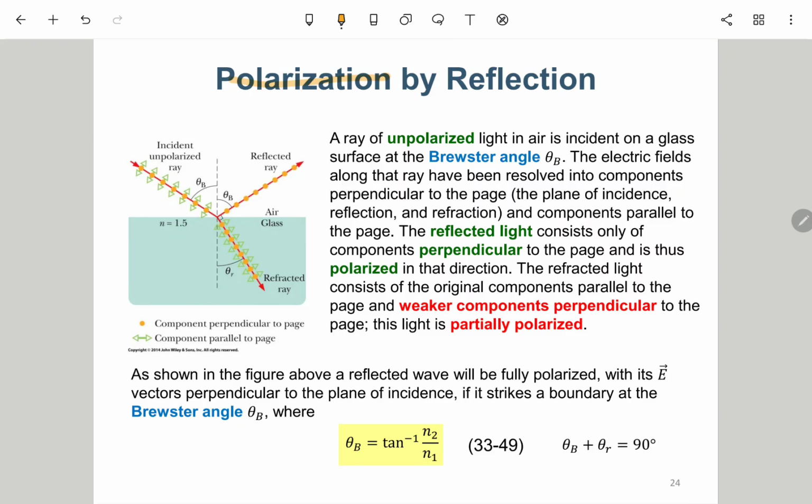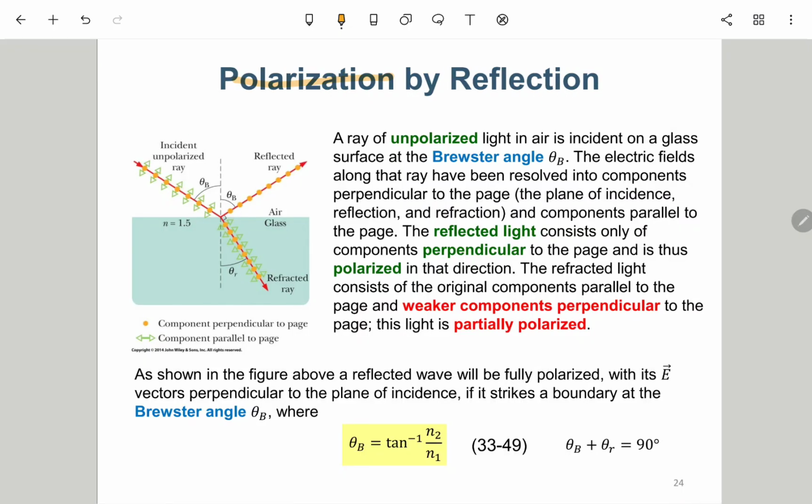Here is another way. If we don't have the polarizing filter, we may have another method to have some polarized light. Here we suppose the incident light is also unpolarized, incident from the top left, going to the boundary here.